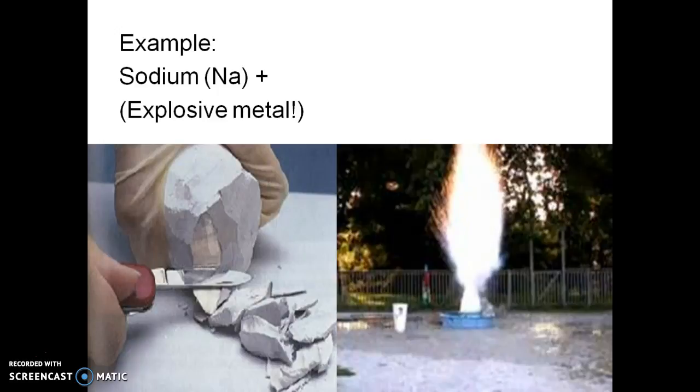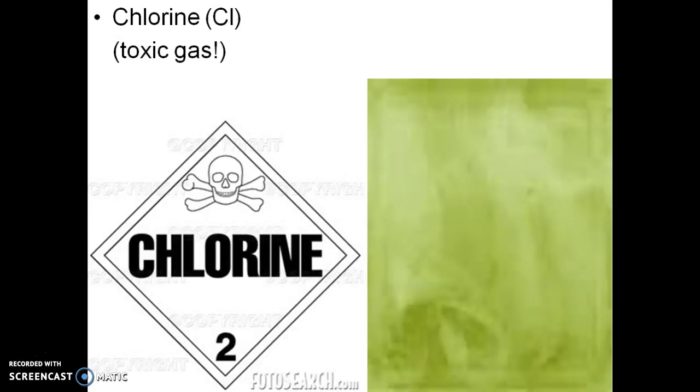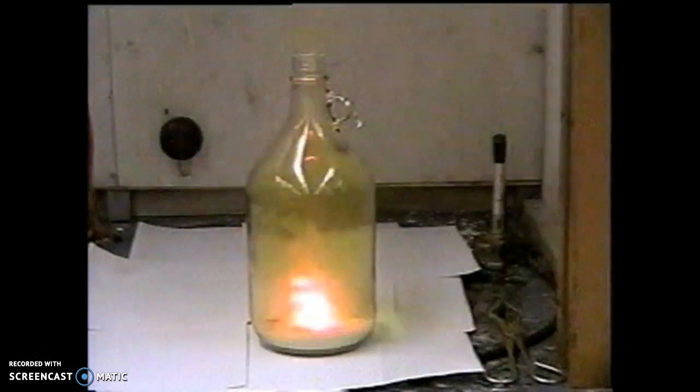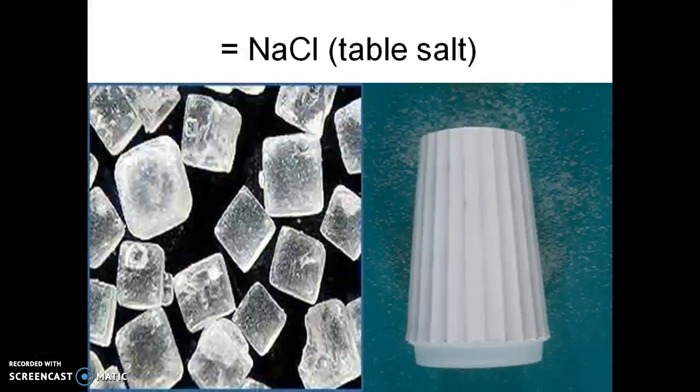So if we were to take sodium and put it together with chlorine, which happens to be a toxic green gas, so we take kind of a silvery whitish soft metal, we combine it with chlorine gas, and here you will see a very slow motion reaction of what happens, and you end up with table salt.